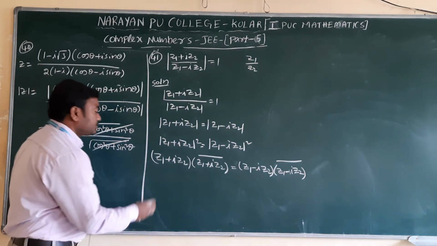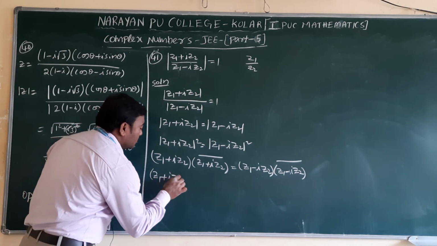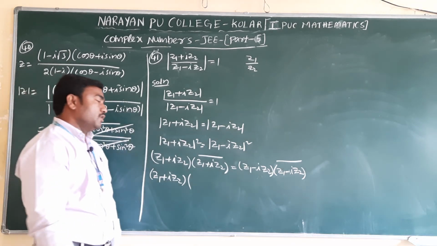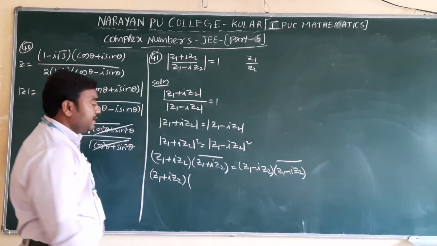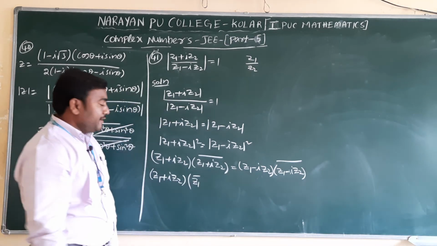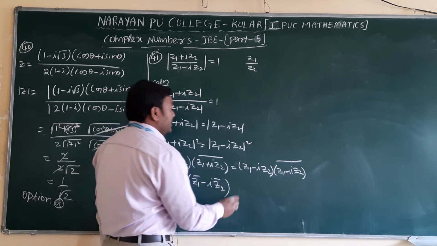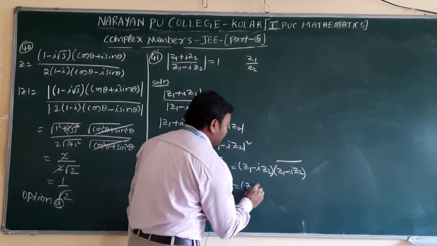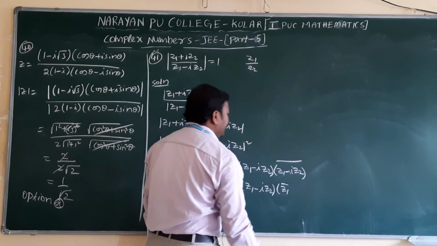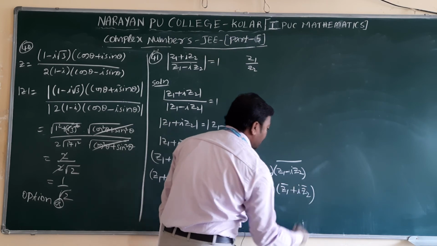Applying the property, z1 plus z2 whole bar is equal to z1 bar plus z2 bar. Here z1 bar plus i bar, value minus i, we can write directly minus i into z2 bar, is equal to z1 minus iz2 into z1 bar minus i bar, value plus i into z2 bar.